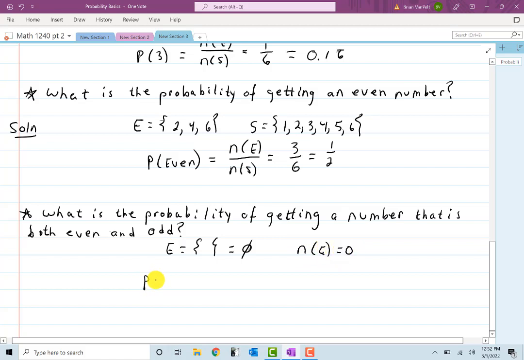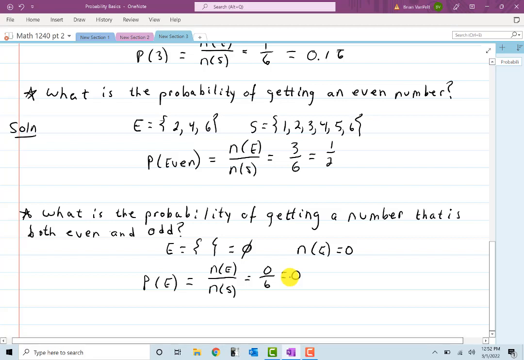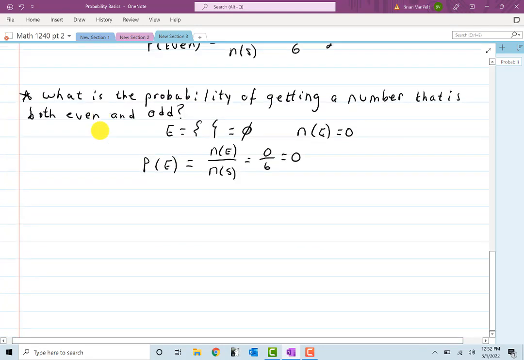So then when I look at the probability of, I think I'll just put E this time, that will equal n of E divided by n of S. That's 0 over 6, which is 0. So it can't happen, basically. Whenever a probability is 0, that means that whatever the event was cannot possibly happen. And we know that when you roll a die, you cannot get a number that is both even and odd.